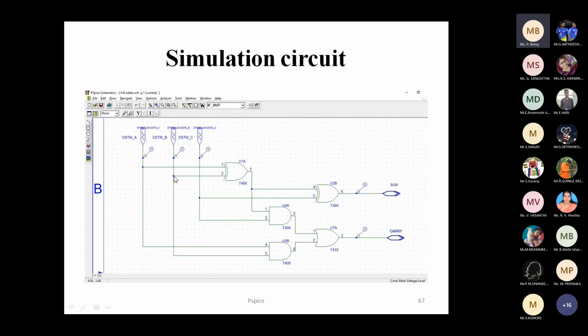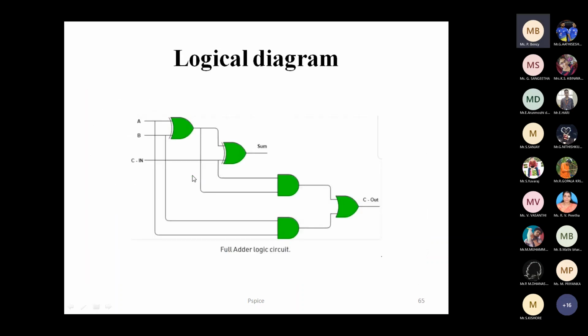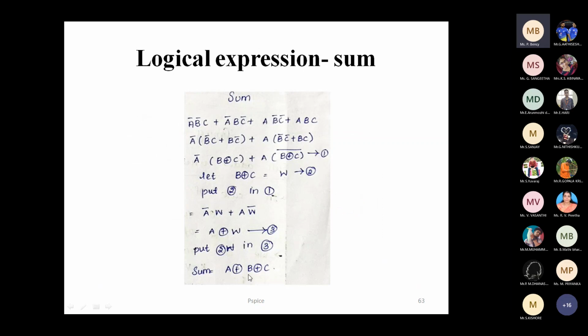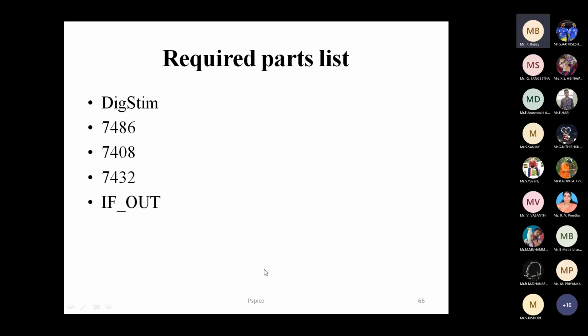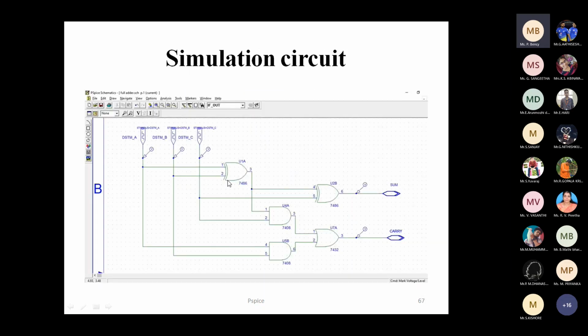We connect this circuit using the expression A XOR B XOR C. A and B are connected to the first XOR gate, then pin numbers are changed in the second XOR gate, and if we connect the output of the first XOR gate and C, this is the sum expression.